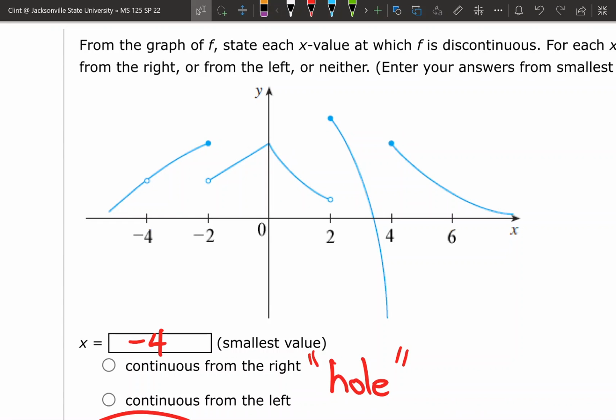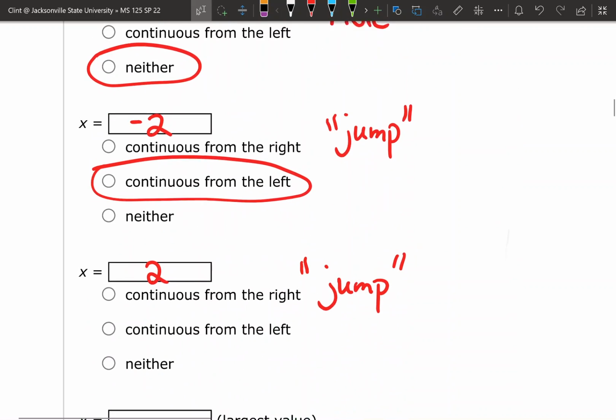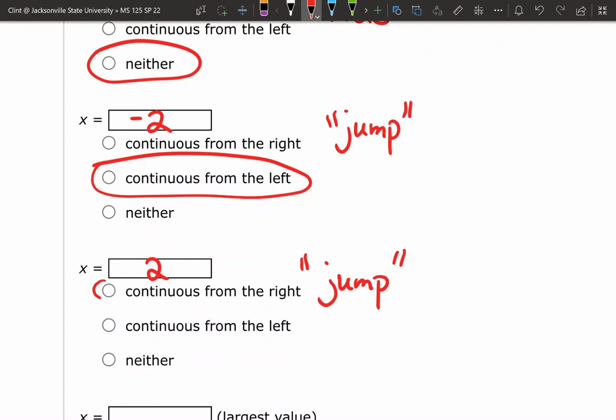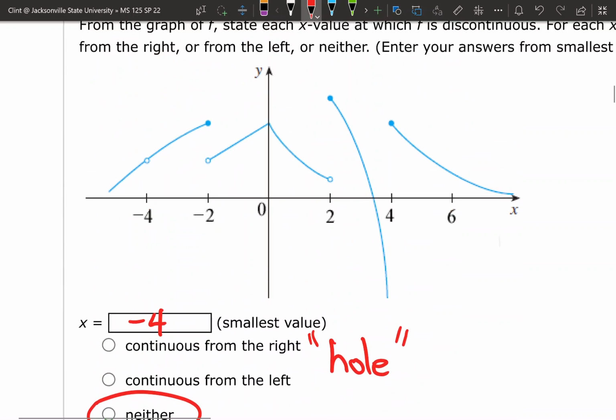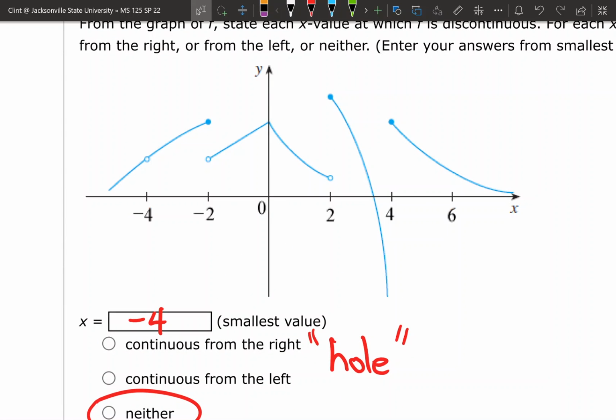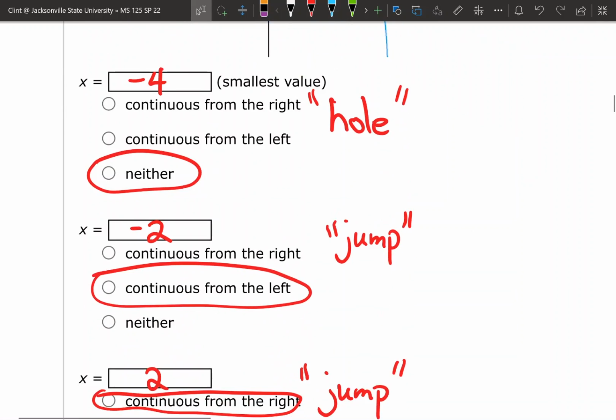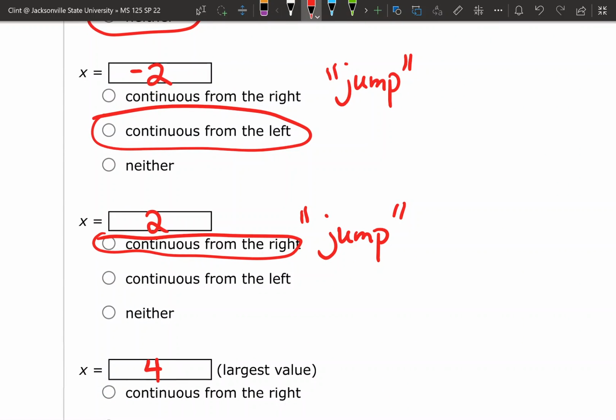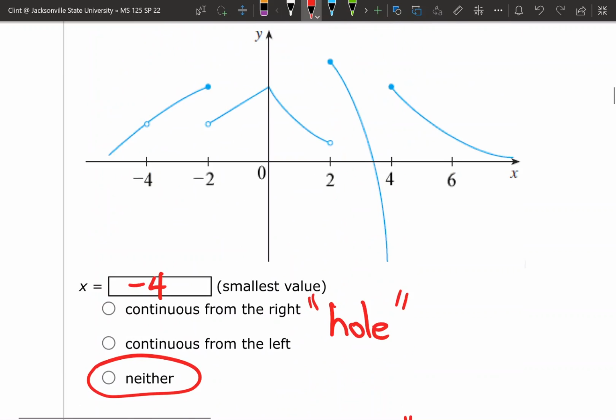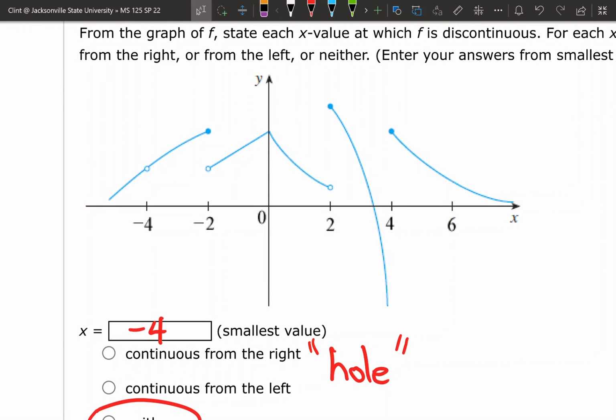The other one it would not be continuous from the left because it would be undefined. And then last one, what x value? At 4. What kind would that be? Oh yeah, it would be continuous from the right, that's right.